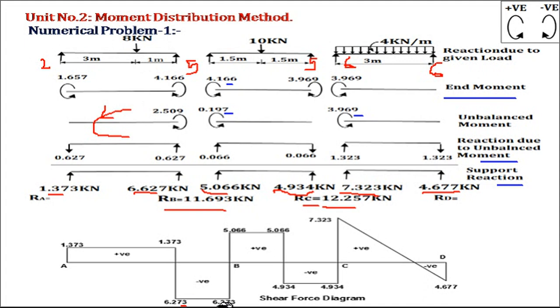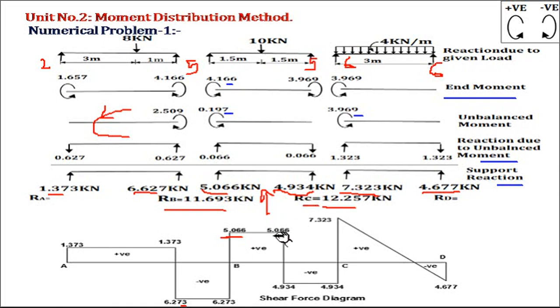Here there is no load, so you have to join by a horizontal line, and the value will be the same. Now the reaction at B is 11.693, acting upward. So 11.693 minus 6.627, that value is 5.066. Here there is no load, so you join by a horizontal line, and the value is 5.066.